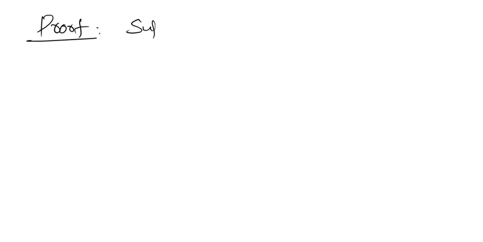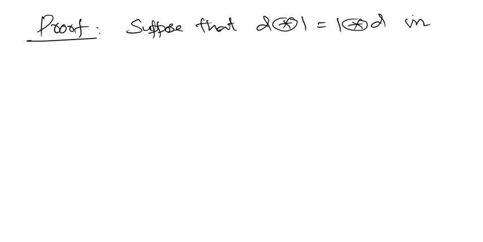Suppose that D tensor 1 is equal to 1 tensor D in S tensor S over U, the tensor product of systems over U. This S is a UU bi-system, this S is also a UU bi-system. So here S is the system and U is a monoid.